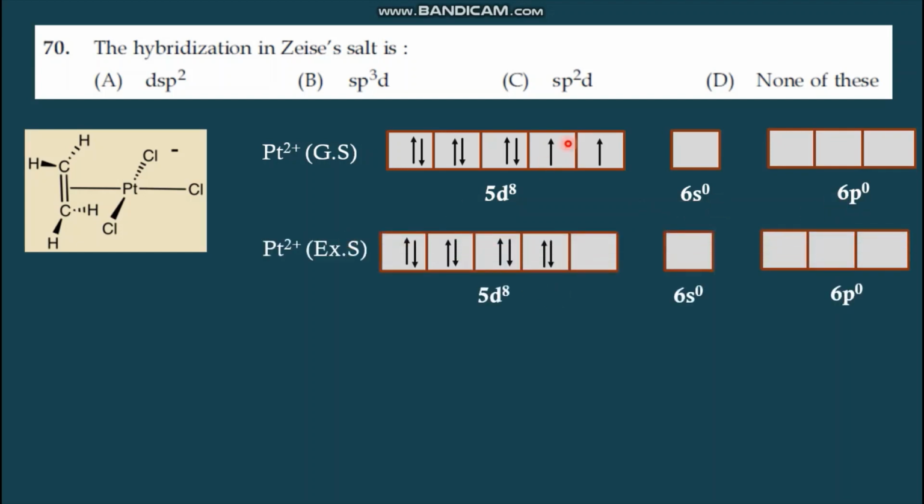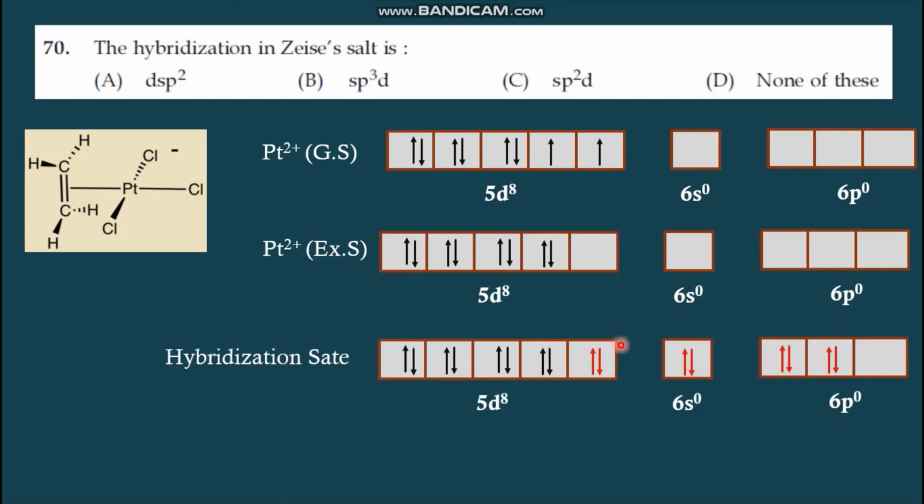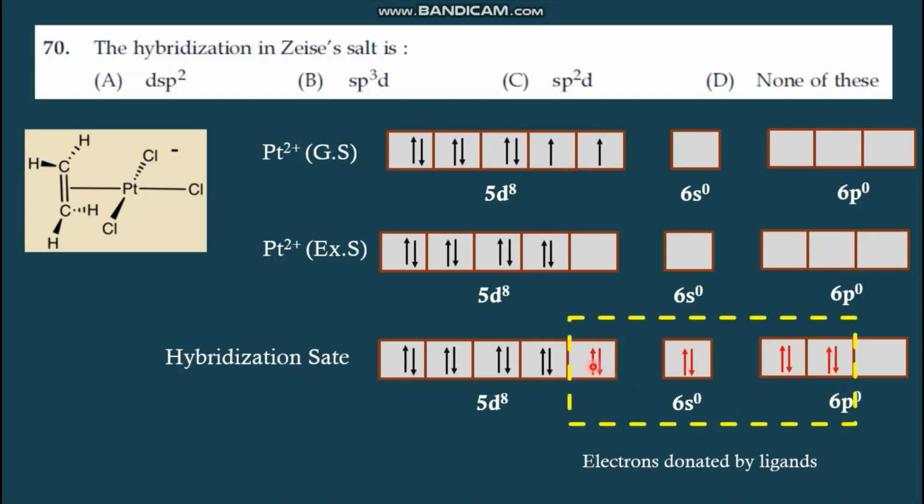When it gets excited, the unpaired electrons get paired, so we will get an excited state like this, and the hybridization will be shown in this red color. The notation means it's electrons donated by the ligand. Here you can see that 1d, 1s and 2p are used, so overall dsp2, and the compound is square planar. Fine.